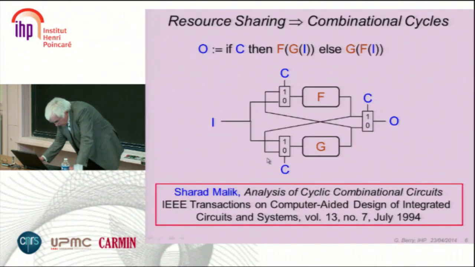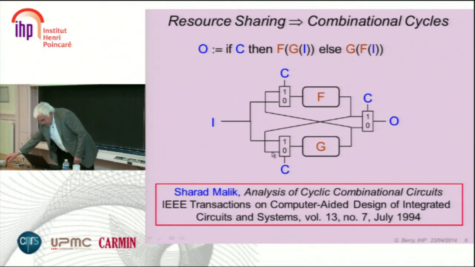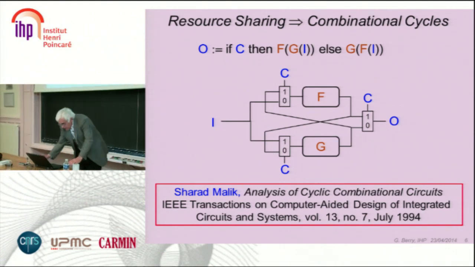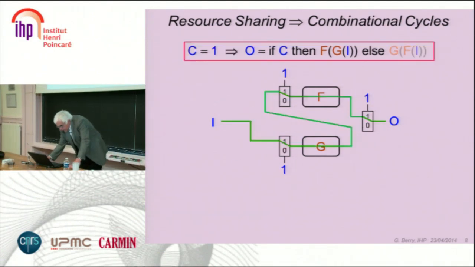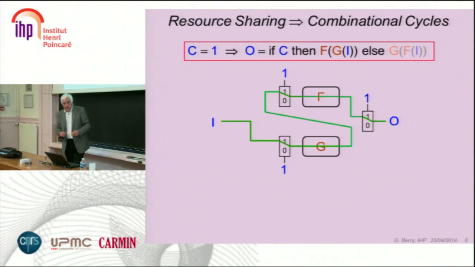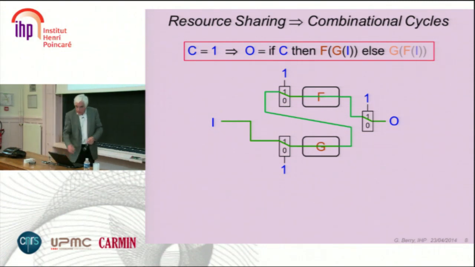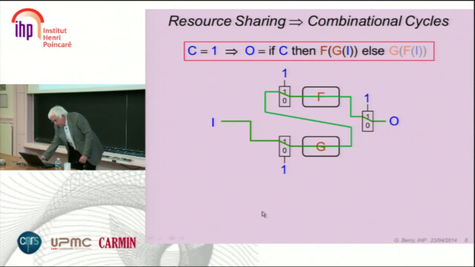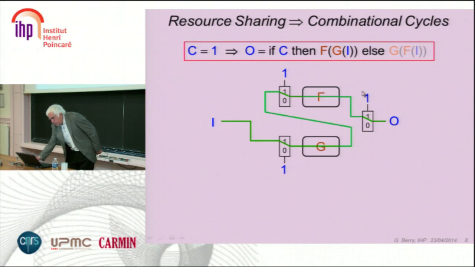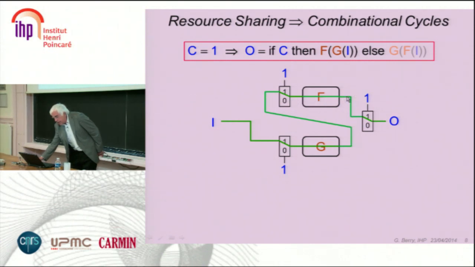If you come back to this one, if you look at any of these two directions, the circuit is saying that because C is 1, from C is 1, I deduce that O is equal to this input. Then this guy is equal to F of this input. Then this is, okay.